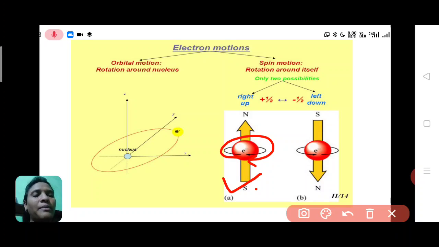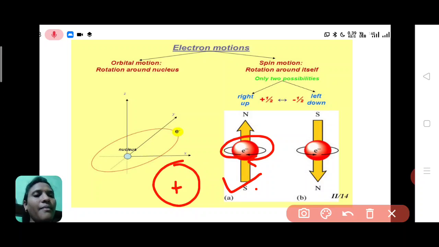Now what is orbital motion? Orbital motion means the atom is present in a circular manner, and in the center there is a nucleus. The nucleus is positively charged, and outside the nucleus the electrons are revolving.